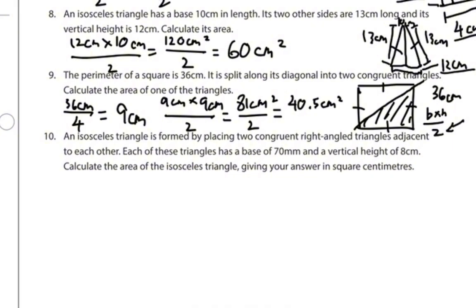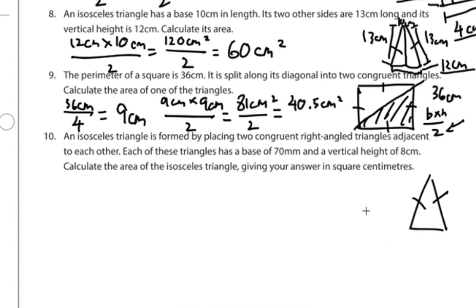Question 10. An isosceles triangle is formed by placing two congruent right-angled triangles adjacent to each other. Each of these triangles has a base of 70 mm and a vertical height of 8 cm. Calculate the area of the isosceles triangle, giving your answer in square centimeters. So, we all know that an isosceles triangle is like this, with two of its sides being the same.